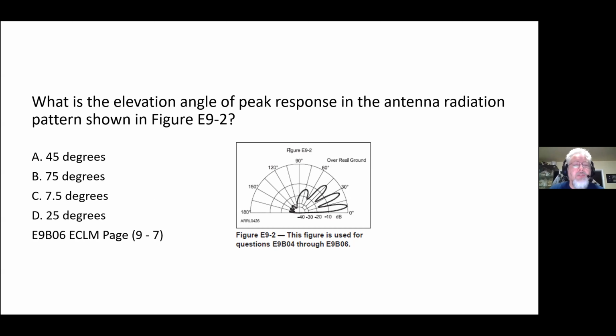What is the elevation angle of peak response in the antenna radiation pattern shown in figure E9-2? A, 45 degrees, B, 75 degrees, C, 7.5 degrees, or D, 25 degrees?